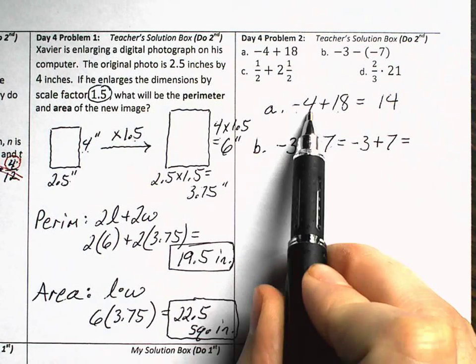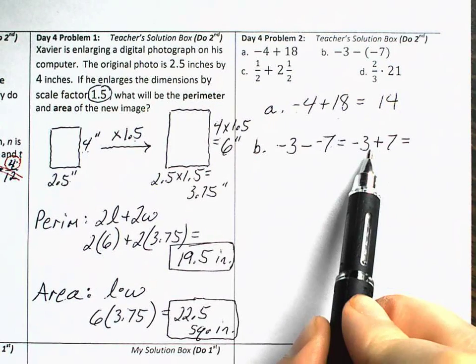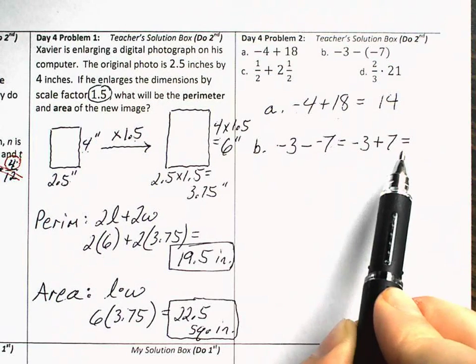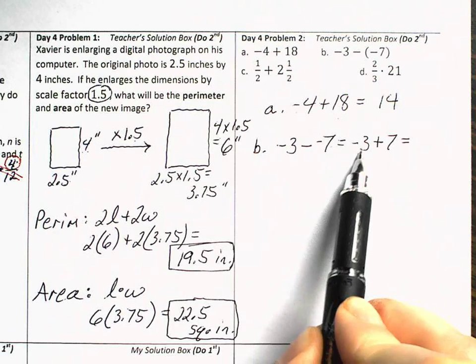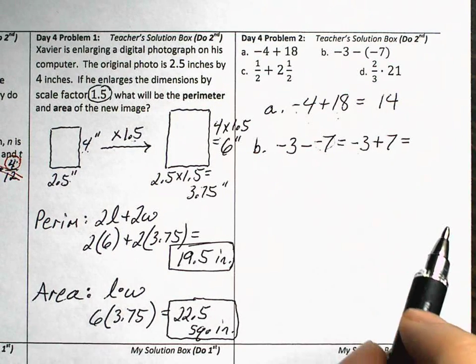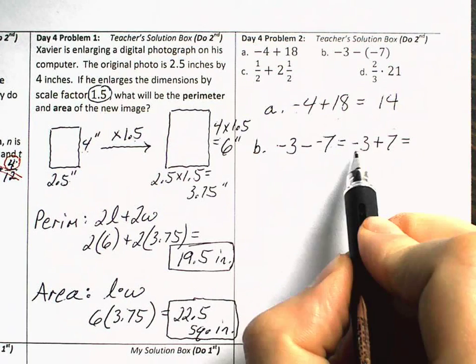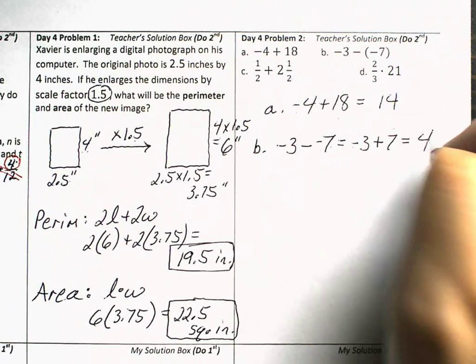This is a lot like this first problem here. Well, it's not 3 plus 7, which would be 10. It's not -3 plus -7, which would be -10. It's the case of adding numbers that have different signs. So let's subtract these numbers. A 7 minus a 3 is 4.